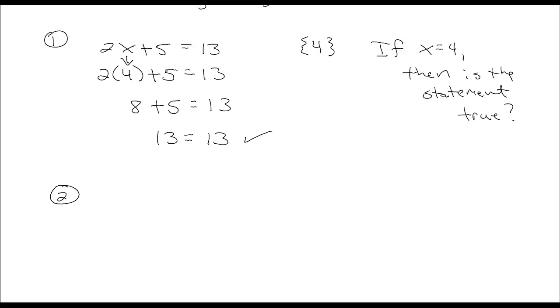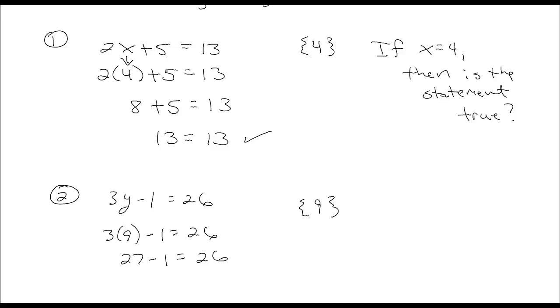Number 2, 3y minus 1 is equal to 26, and they give you a 9. So I'm going to plug in 9 now in this case if y is 9. And 3 times 9 is 27, and 27 minus 1 is in fact 26. So again, it checks.